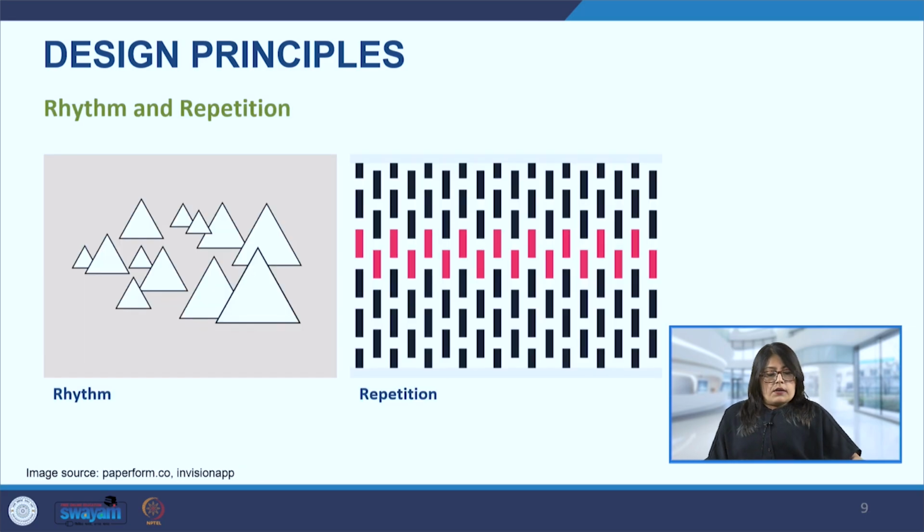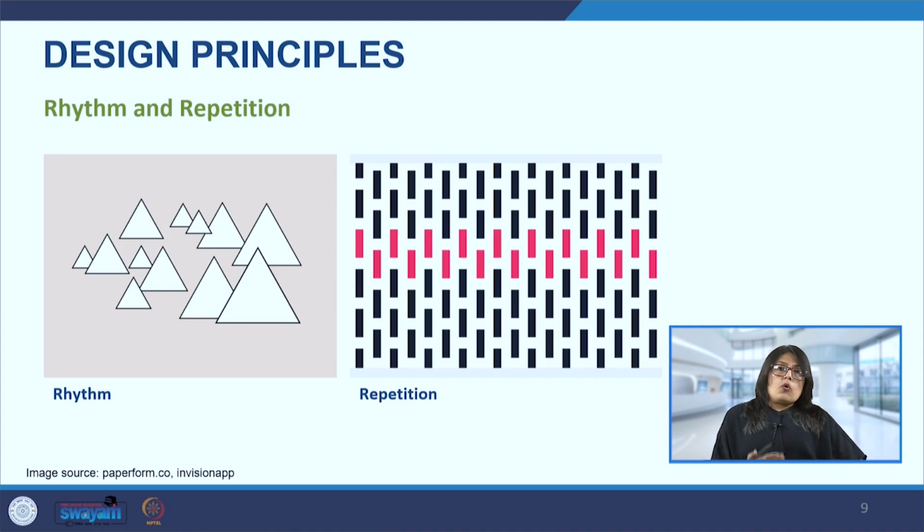The next is rhythm and repetition. Rhythm and repetition contribute to the movement within a piece. So rhythm is the rhythmic movement, or the repetition of the elements which creates the rhythm. For example, in a website, the repetitive elements will create a rhythm, or they will create the movement around the page, making it easier and more accessible for the users.